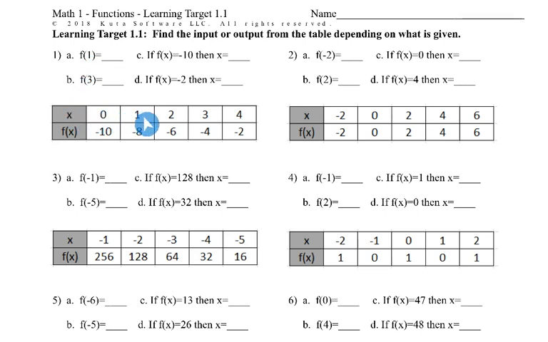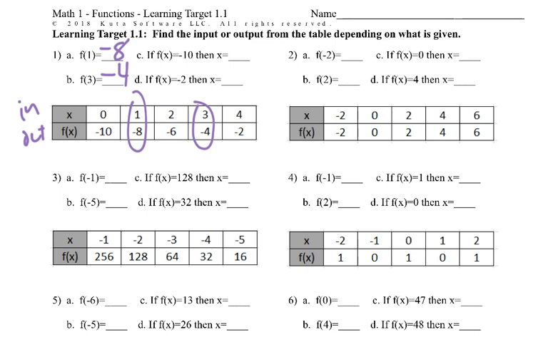What's connected to the 1? That's where we look at the output, because we're given an input and want to find the output. So that would be negative 8. An input of 3, go along here, 3 right here gives me an output of negative 4, because they're connected, an input and an output.